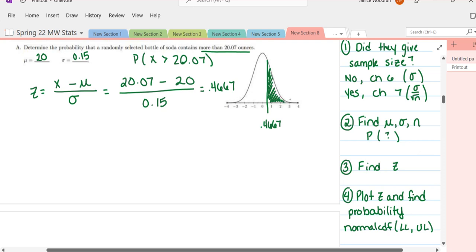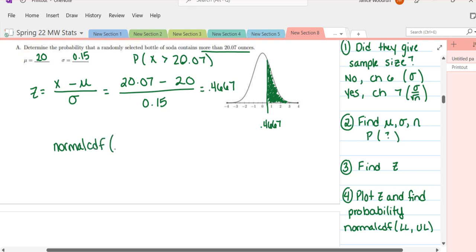So if I were looking this up on my z-chart, I would be given this side, the area to the left. So then I would want to subtract that from 1 to find the area on the right, if I were doing this manually. But I'm using my calculator, so I'm going to go to normal CDF.